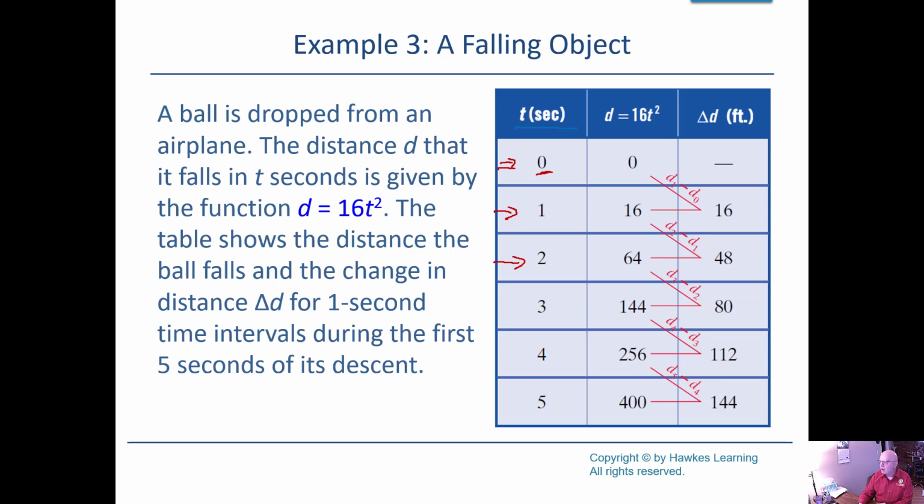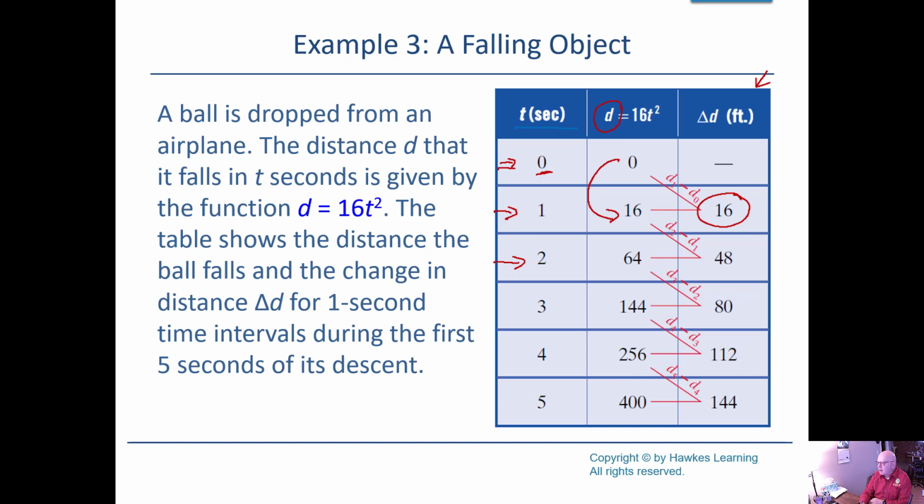Now this last column is talking about the difference in the distance in subsequent values of d. So we're going from a 0 here to a 16 there. 16 minus 0, the difference in the distance in going from 0 seconds to 1 second, it's gone 16 feet during that interval.